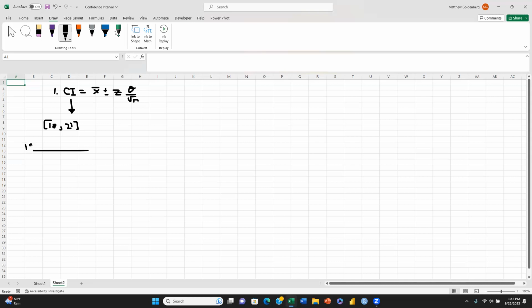The interval starts at 18, finishes at 21, and your point estimate is always smack dab in the middle. The right side of the point estimate is something called your margin of error, and the left side of your point estimate is the margin of error as well.